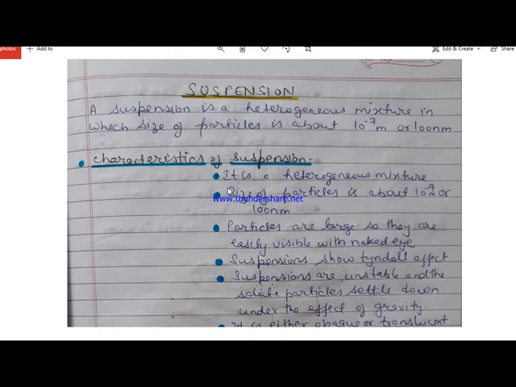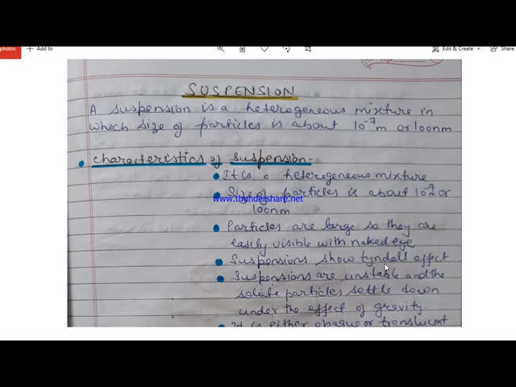Some characteristics of suspensions are: it is a heterogeneous mixture. The size of particles is about 100 nanometers. Particles are very big so that they can be easily seen with our naked eye. Suspensions show the Tyndall effect.